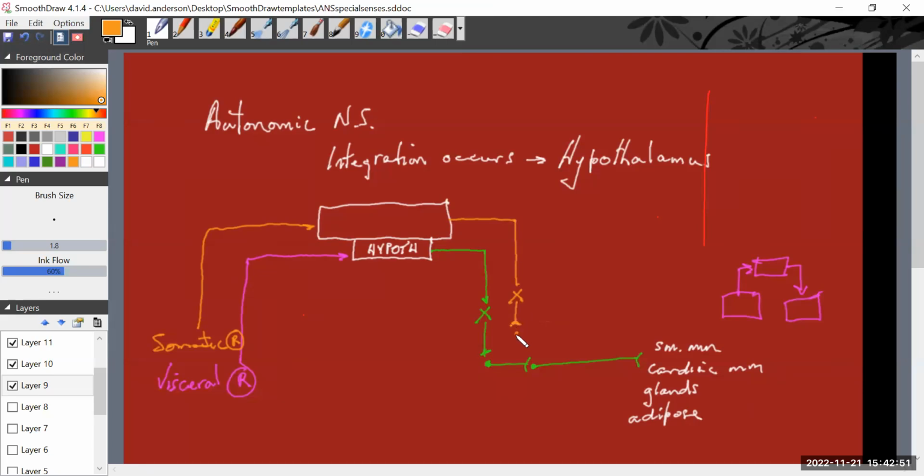And what are we going to put in here? Skeletal muscle. Yes, skeletal muscle.